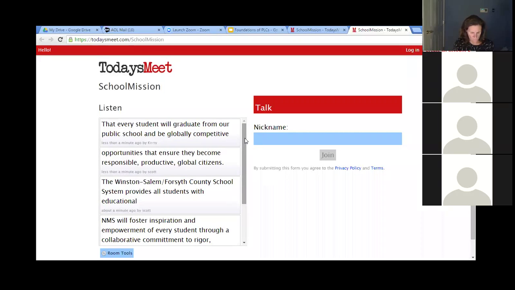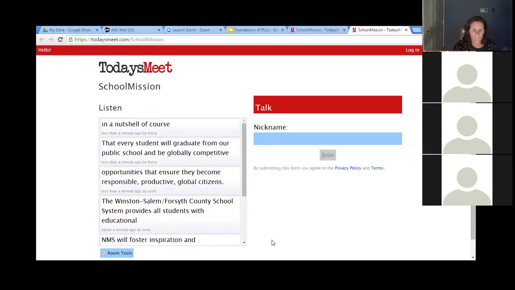We just compiled the mission last week, and I actually don't have it with me. It's in our school improvement plan template, and I don't have access to that right at this moment. But I do think our new mission will be something I'll be able to remember. I actually had to Google our old one to figure out what it was, because I didn't have it in front of me. But I do think it's very important to know your mission and your vision so that it's something you hold really true to.